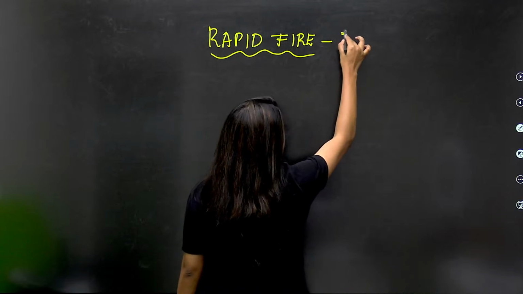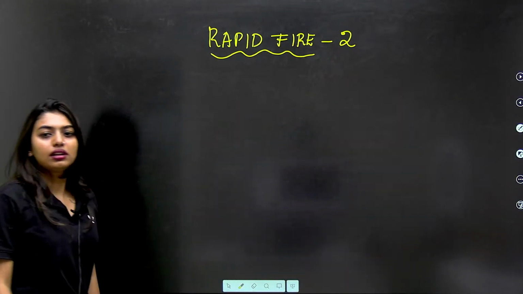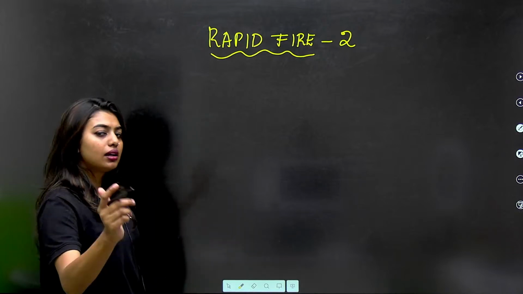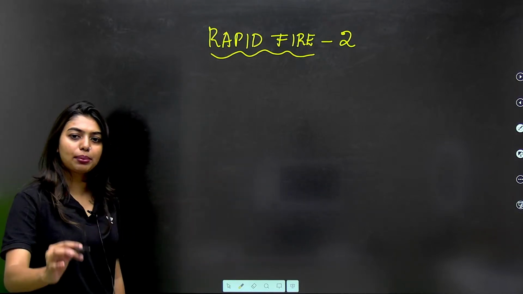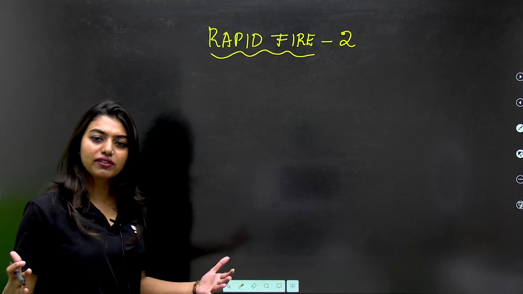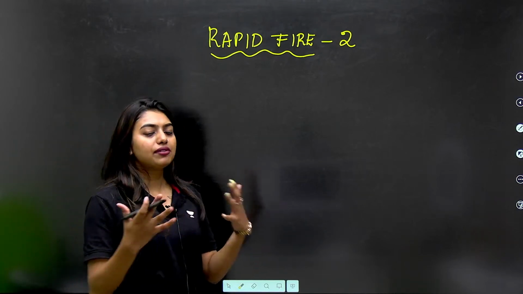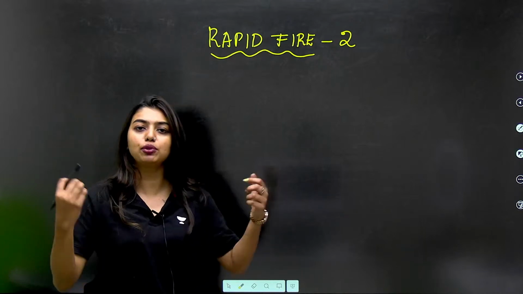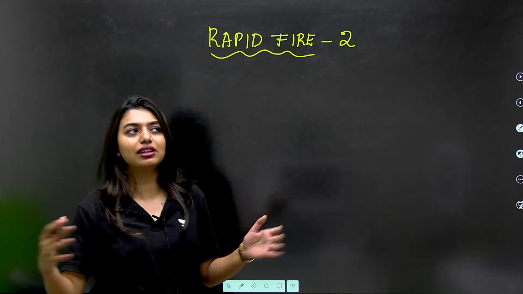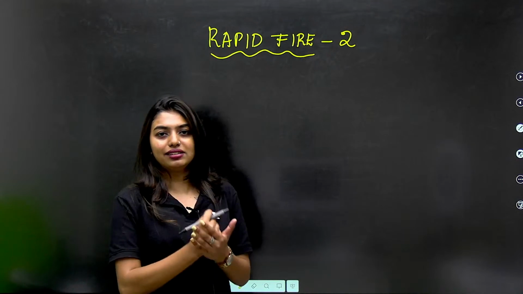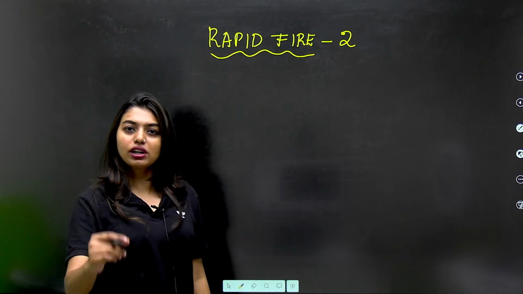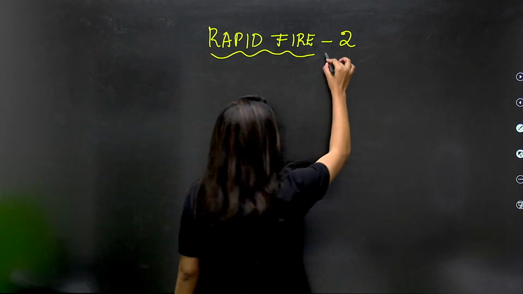Whoever answers first, only their answer will be accepted. Put a fire symbol if you are ready for rapid fire. This is always going to be there in my class. After every topic, maybe we will have a 5 question round, which is called the rapid fire round. Anytime you want rapid fire, put a fire symbol in the chat box.